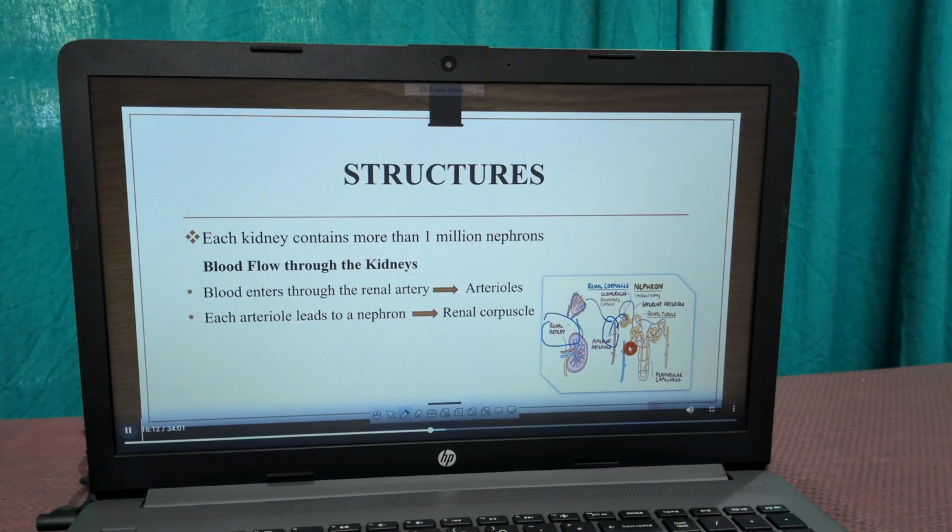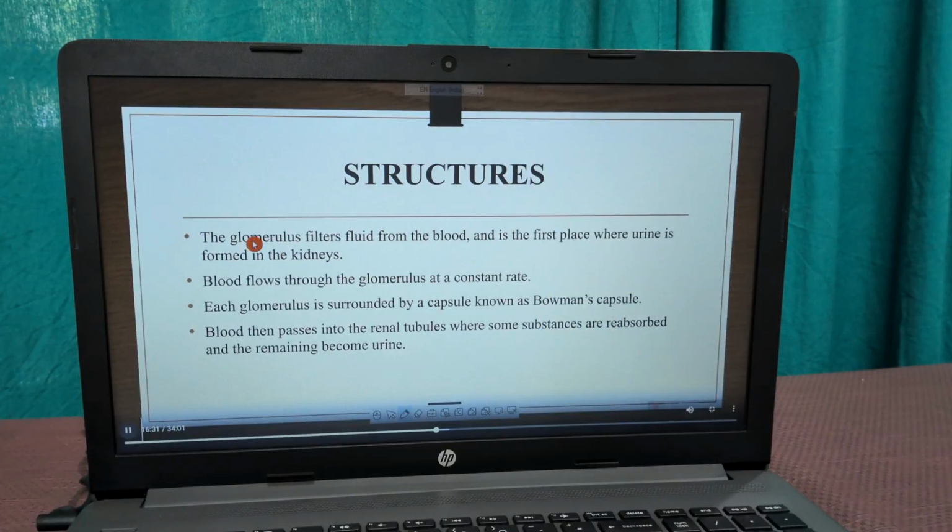Then the blood passes from each nephron to the renal corpuscle. Now, the blood is filtrated here. The waste material is filtrated and collected into the collecting duct, which is then connected to the ureters, and the urine is filtered out from the blood.